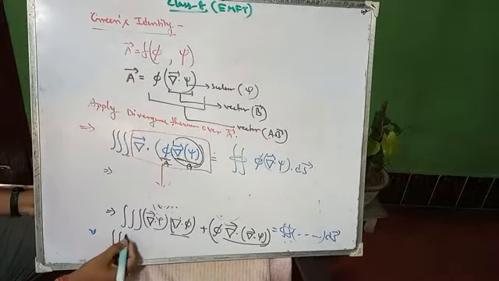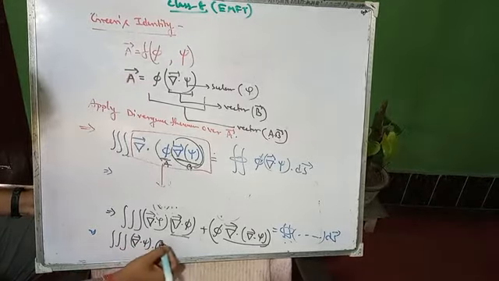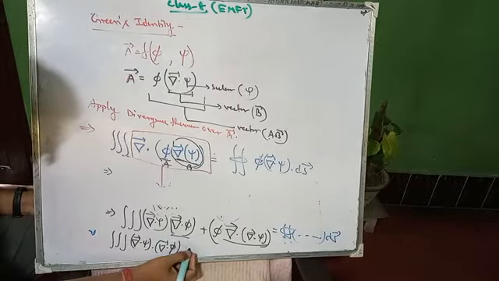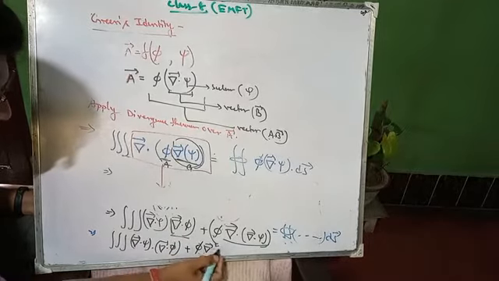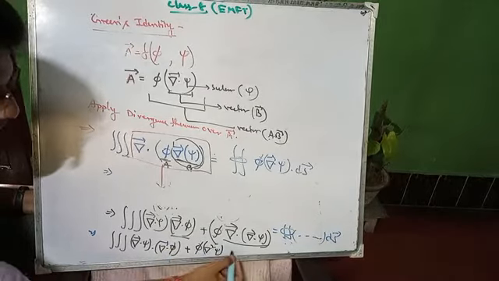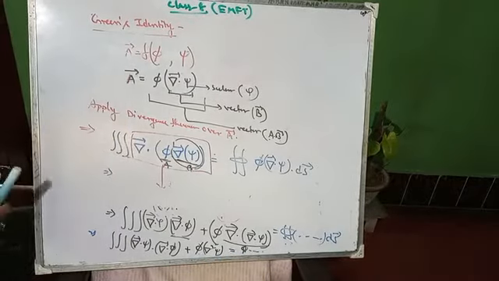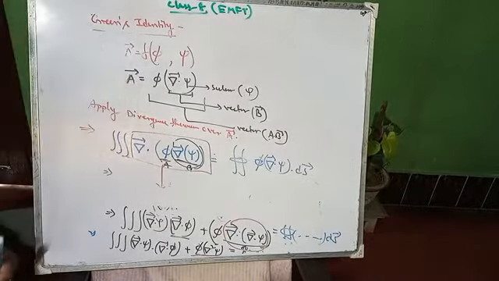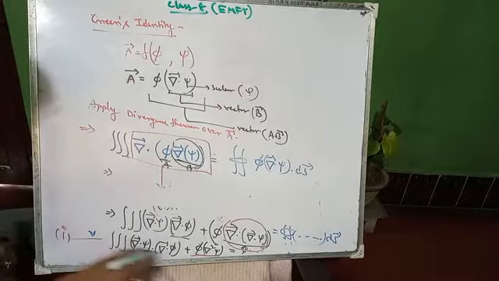So next line, please write: Laplacian of psi equals this right hand side part. This one is my Laplacian, nothing else. Make it equation number 1.